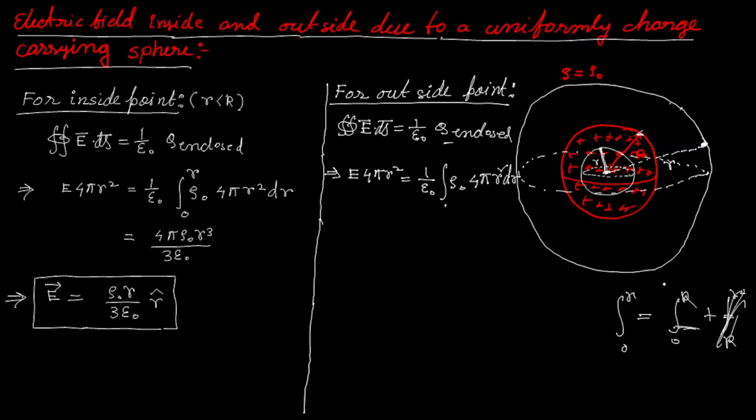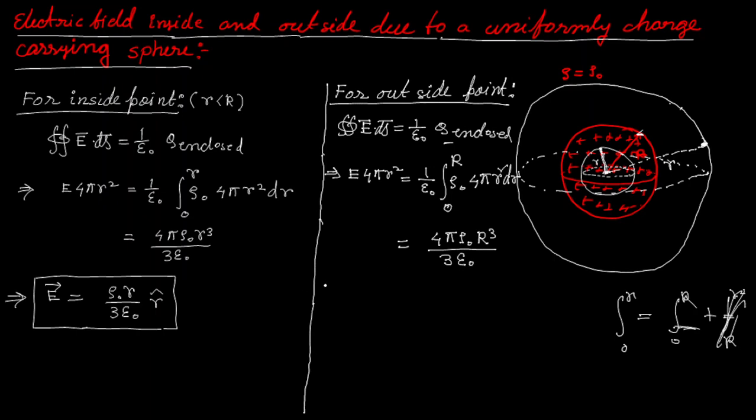So ultimately, the total enclosed charge within the Gaussian surface will be rho naught times the integral from 0 to capital R. When we do this integration, finally we get 4 pi rho naught capital R cube divided by 3 epsilon naught.